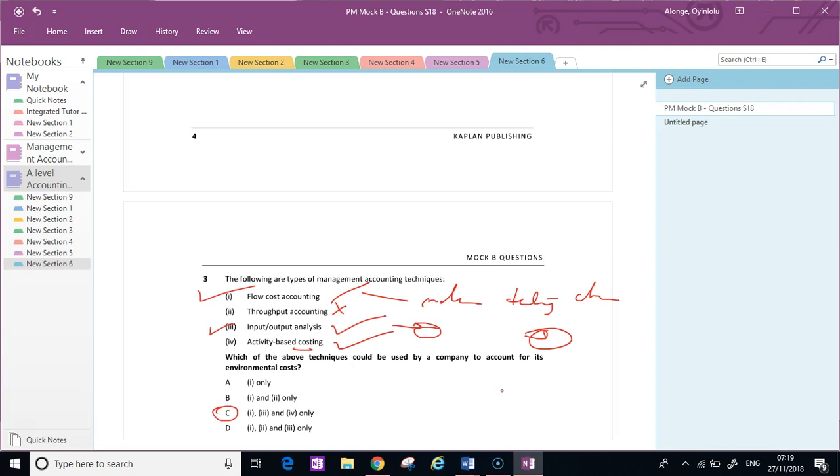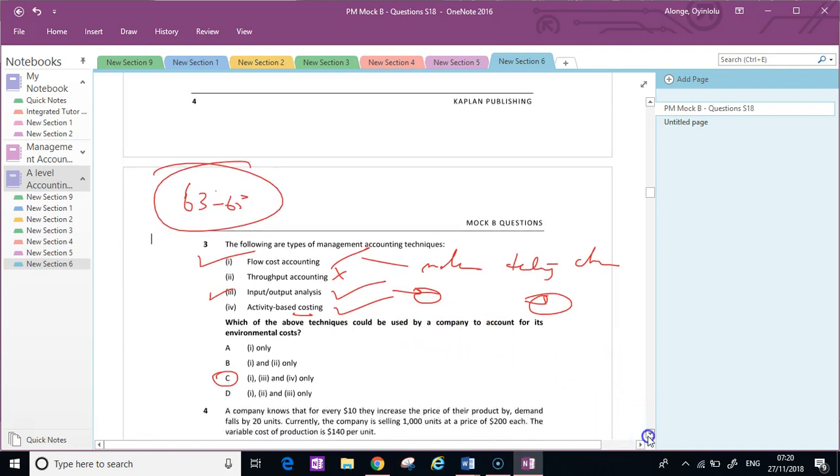Yeah, sorry, more 63, page 63 to 65. Just have a quick breeze through 63 to 65 on EMAs. Quickly, just a good overview, and you'd revise that topic again.